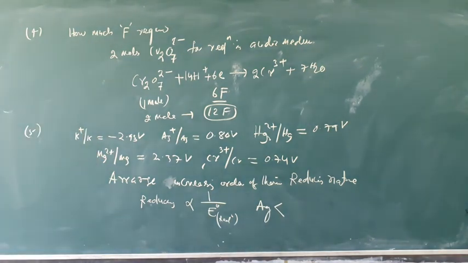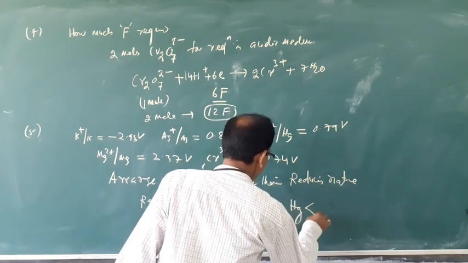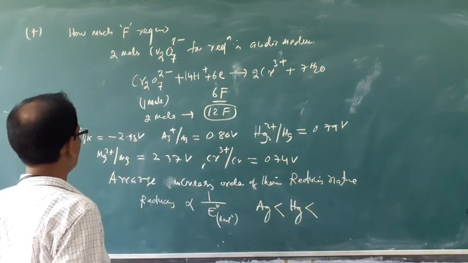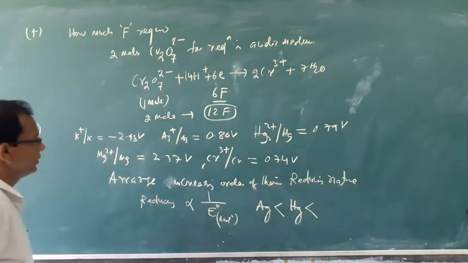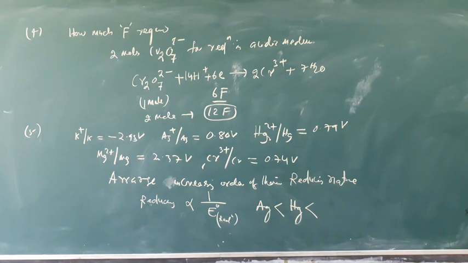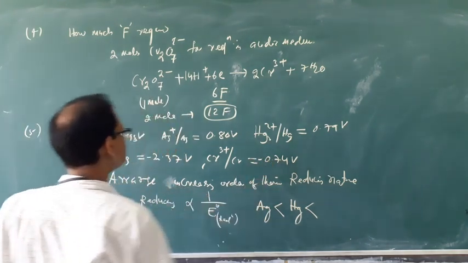Then which will come? Then mercury. Then this is a minus sign, chromium is also a minus sign.